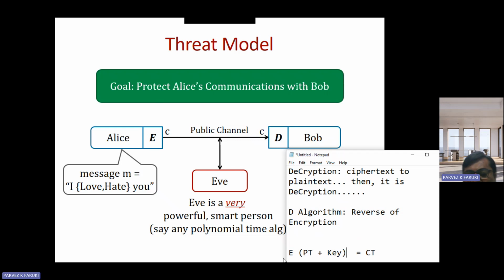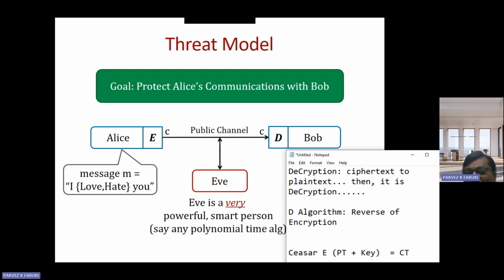E is an algorithm. Let me give an example of an algorithm, CEA. Consider that E is your encryption algorithm. I'm giving the name of an algorithm which is called Caesar cipher.